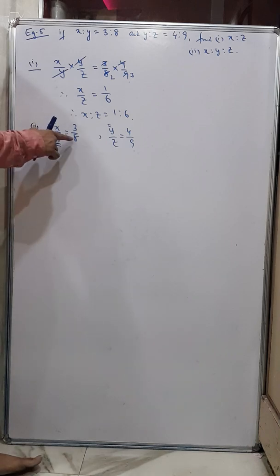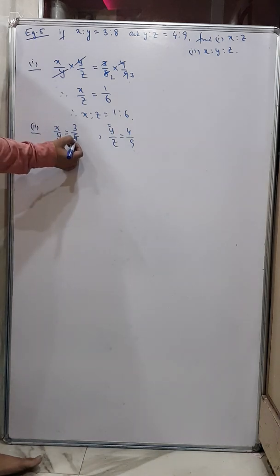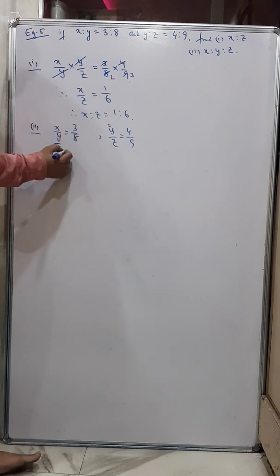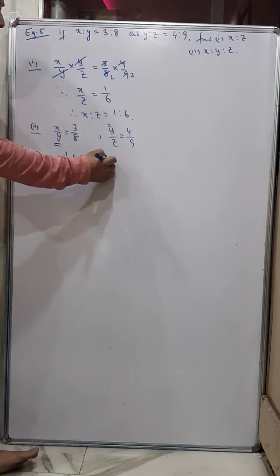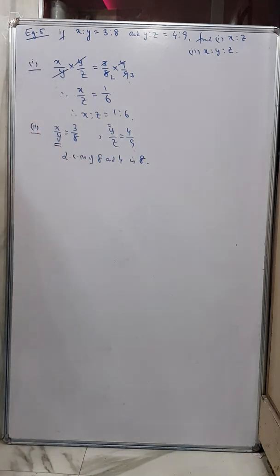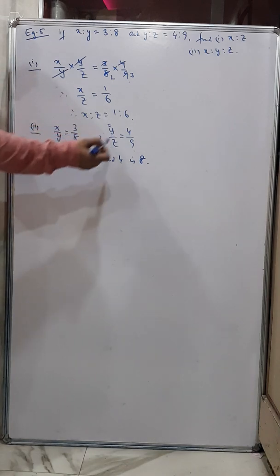So somehow we have to make the value of Y equal in both. Now for that, what we should do, we should take the LCM of 8 and 4. Now you know that the LCM of 8 and 4 is 8, and therefore I will try to convert the value of Y into 8.